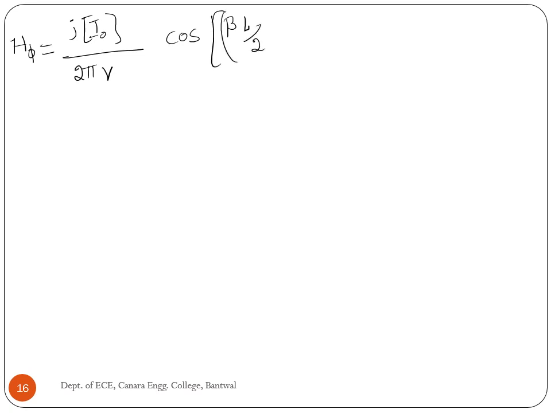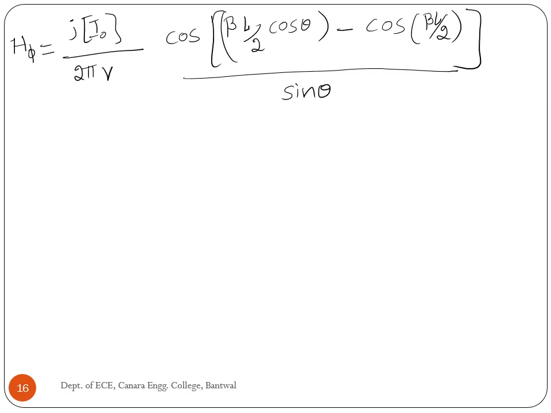Magnetic field of antenna is given by H phi equal to j I naught divided by 2 pi r, cos of (beta L cos theta divided by 2) minus cos of (beta L by 2), divided by sin theta.